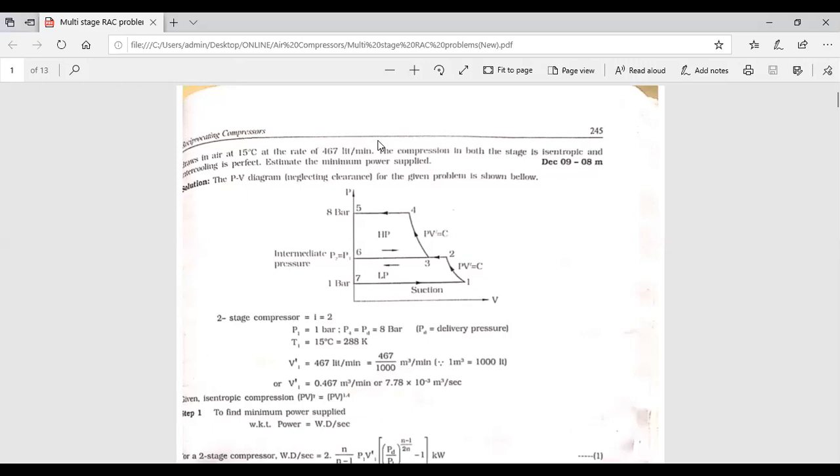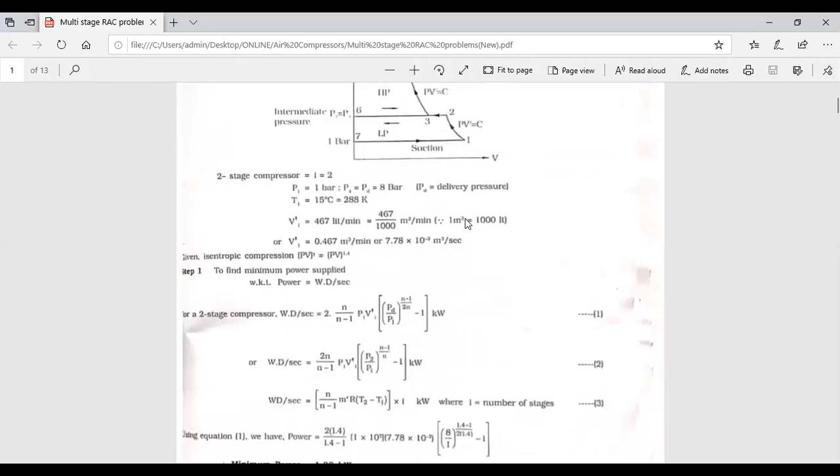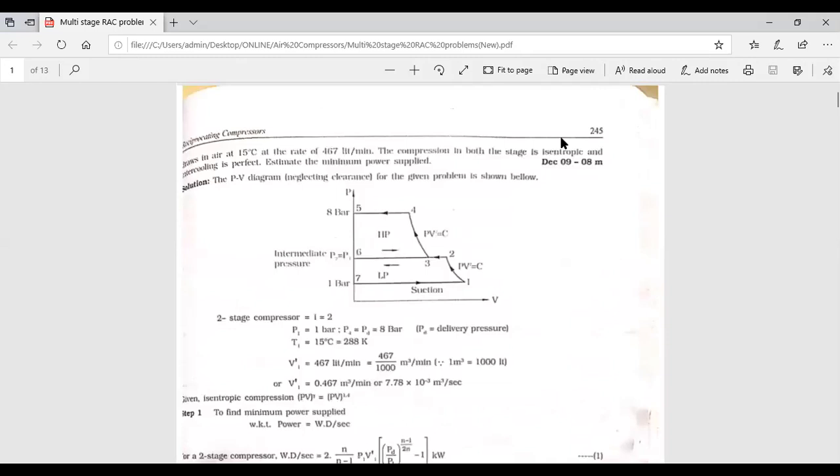Anyhow, they have clearly given that the compression in both the stages is isentropic, and isentropic means the value of n is 1.4. As I said, isentropic means an adiabatic process, and the adiabatic index is 1.4. Otherwise, they will give pV raised to 1.25 equals constant, and in that case you have to take that n. If they mention isentropic, it is a reversible adiabatic process, and the value of gamma is 1.4.